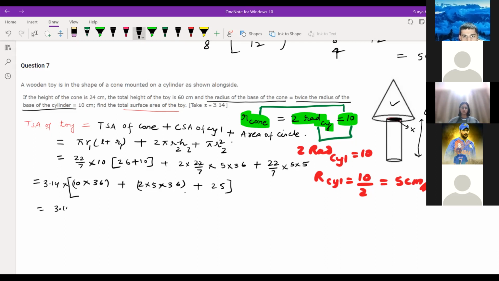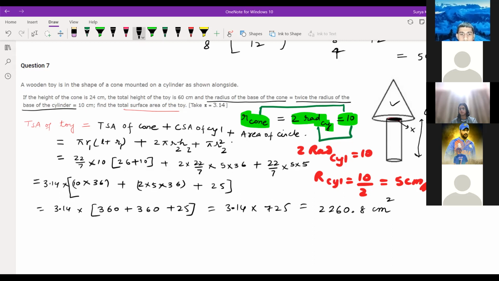Now we can write 3.14 multiplied by 360 plus 360 plus 25, that is 3.14 into 725. Then you can multiply, we get the same answer. 720 into 3.14 is 2260.8 centimeter square. Anyone having doubt till here?